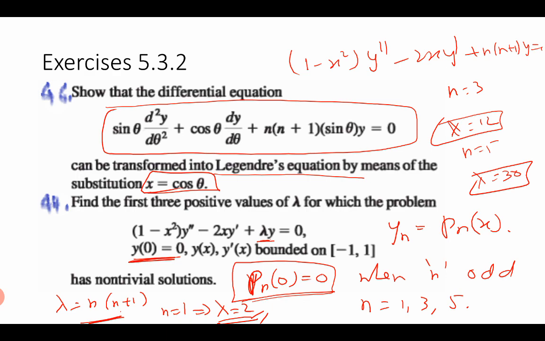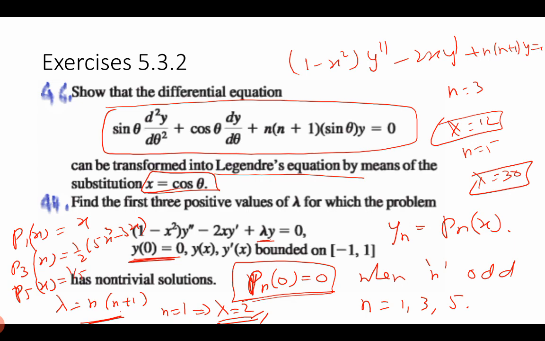You will find eigenfunctions from the properties we have seen. P1, P3 of x and P5 of x are the solutions of this Legendre equation. We can find them from the introductory page. This is x, this is 1 by 2, 5 x cube minus 3x.